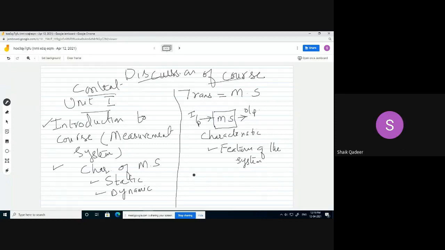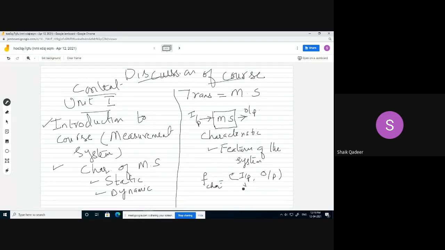Usually, characteristics is a function of excitation and response. So if I write the equation for characteristics, it is a function of input, which is nothing but excitation, and output, which is nothing but response.